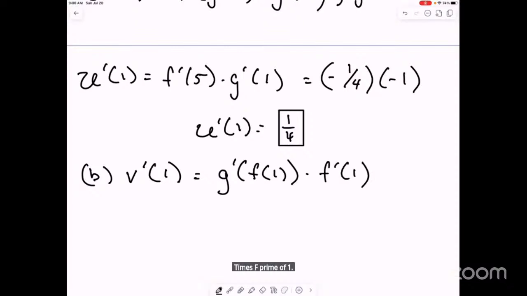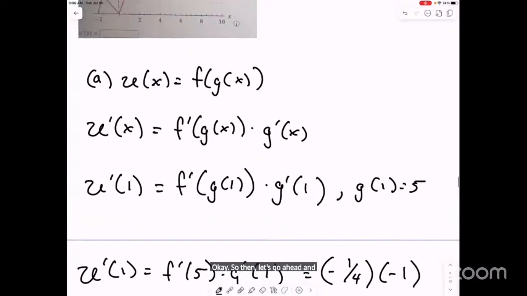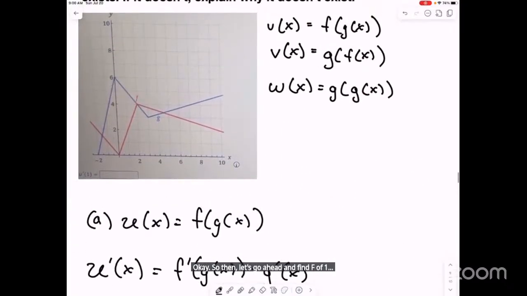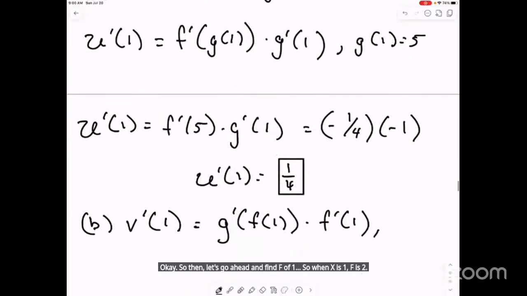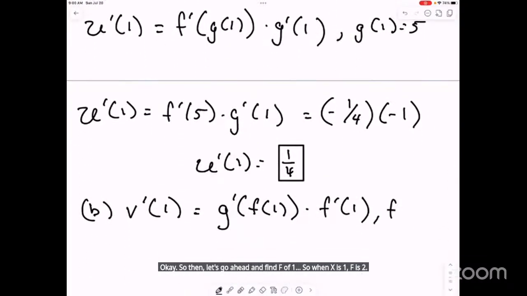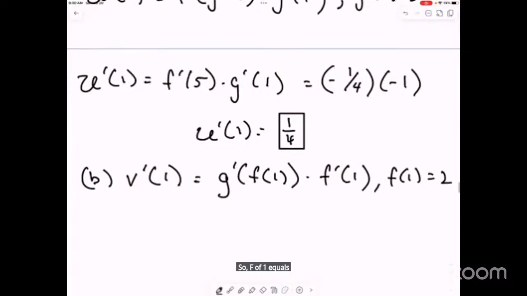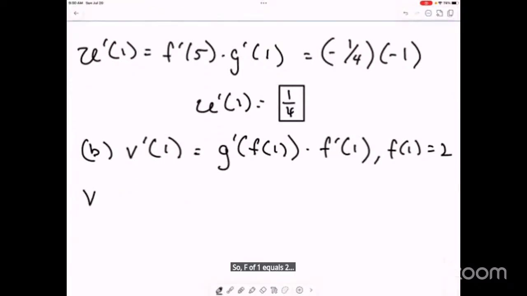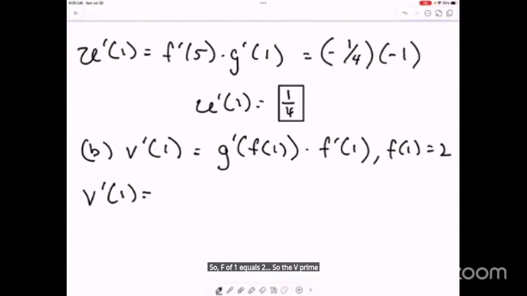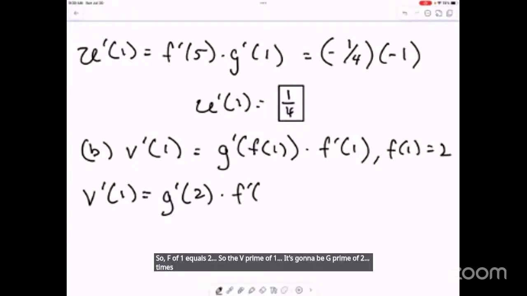Okay. So then let's go ahead and find f of 1. So when x is 1, f is 2. So f of 1 equals 2. So then v prime of 1 is going to be g prime of 2 times f prime of 1.